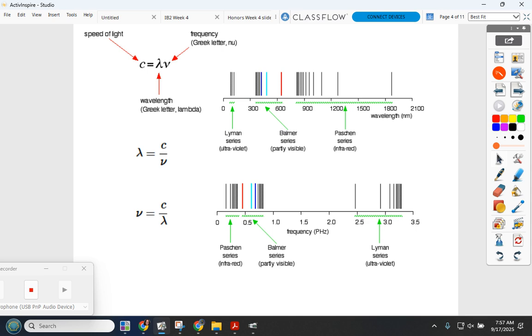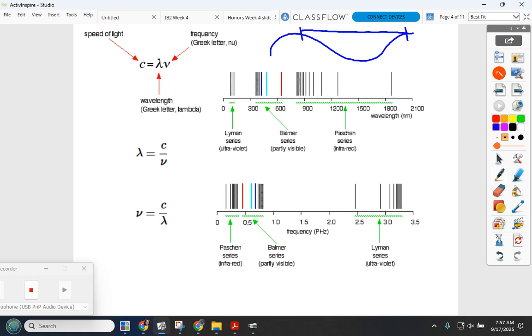We've been talking about it in terms of wavelength, the peak to peak distance of the wave, but we can also think about the wave in terms of its frequency. How many waves are happening in a particular amount of space or time, depending on how you're talking about it.